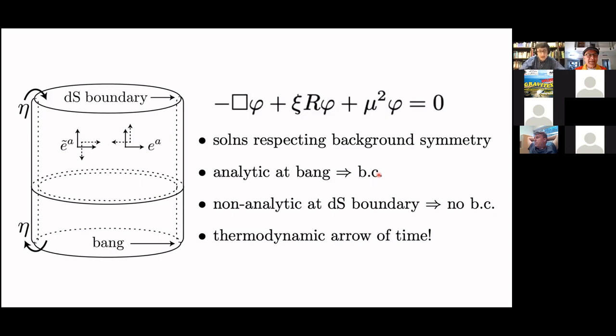Whereas they're not analytic, so they're analytic down here, but they're not analytic up here at future infinity, at the de Sitter boundary. They have an essential singularity there. And so that means that when I combine the requirement that they have this symmetry under reflection between the two sheets, if I combine that with the analyticity property down here, that turns out to imply a boundary condition on the solutions.